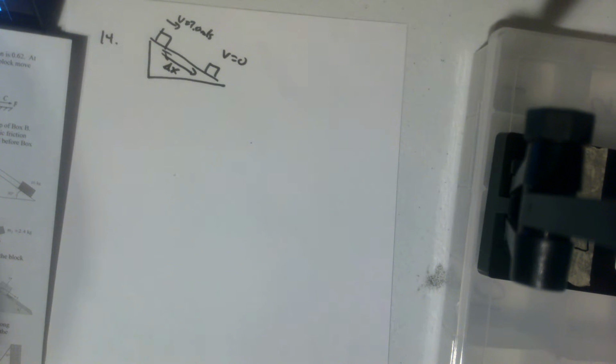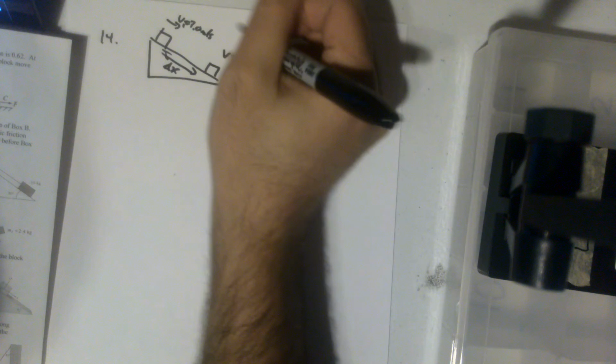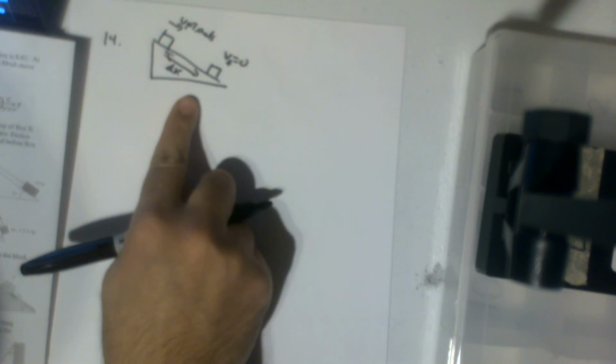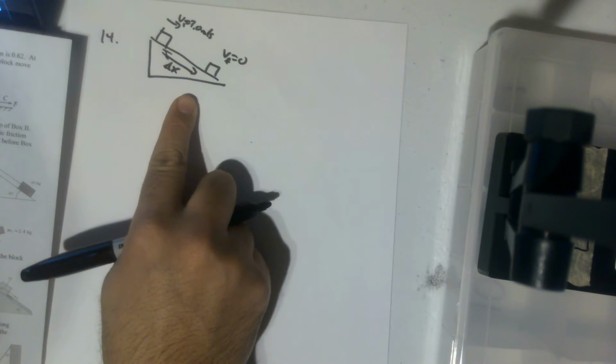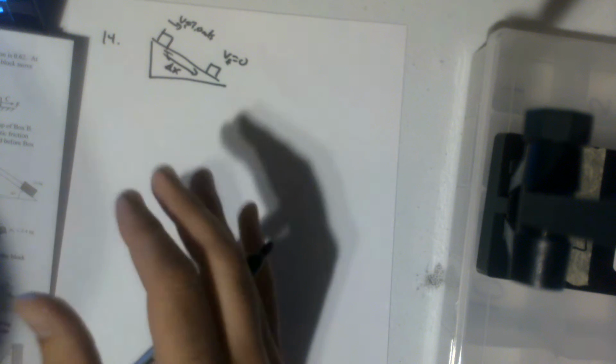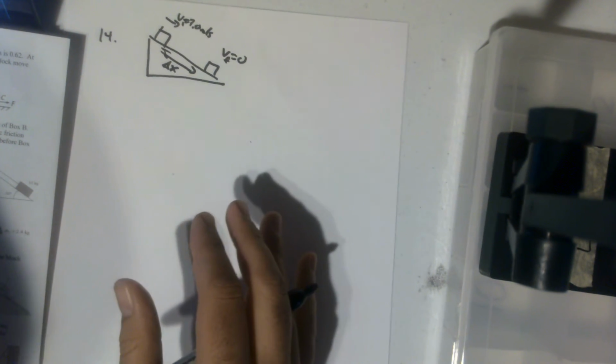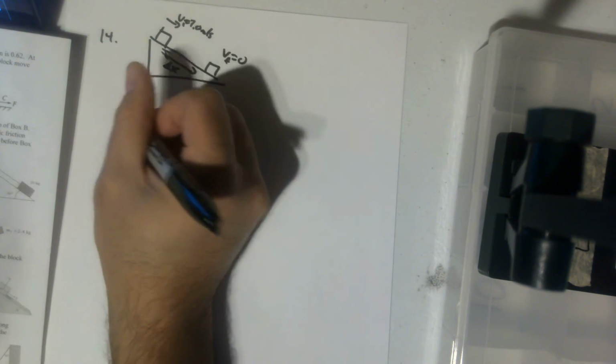And you have VI, this is VF, delta x, and we can run through this and start to analyze the entire scenario using a combination of kinematics and also forces.